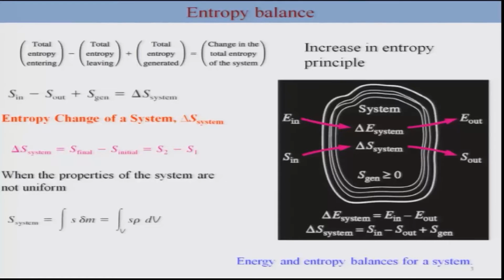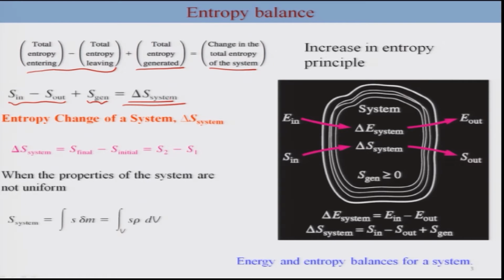So we can write this more formally, which we call the increase in entropy principle. The change in the total entropy of the system is due to the net entropy transfer from the surroundings plus the entropy generated due to any irreversibility. In other words, we can write this as S in minus S out plus any generation term.